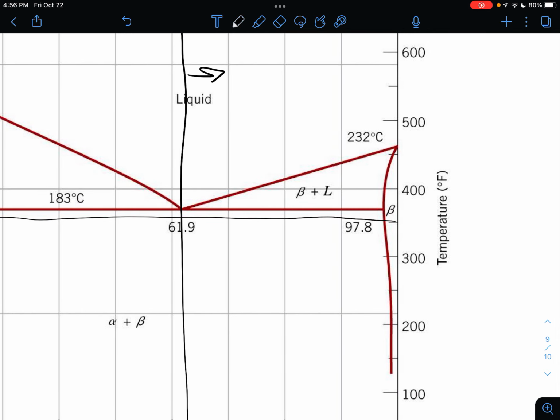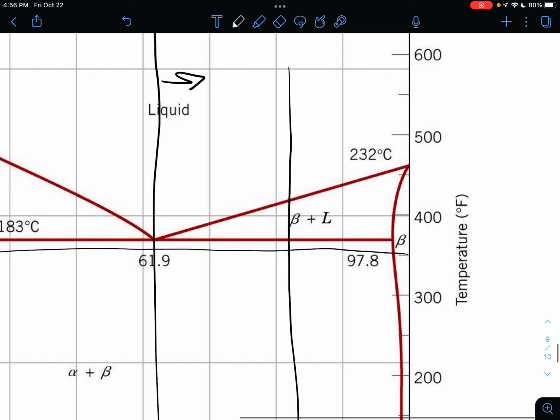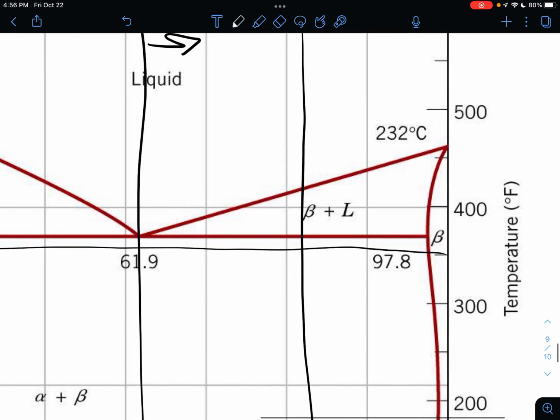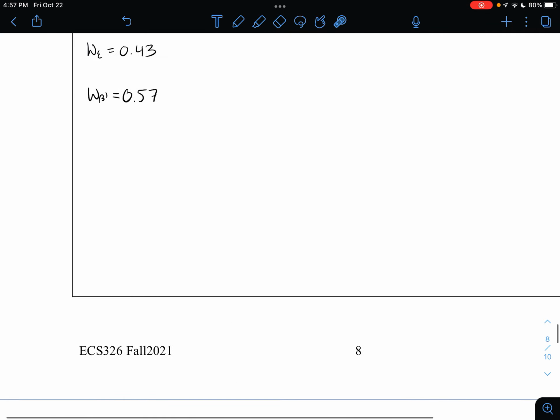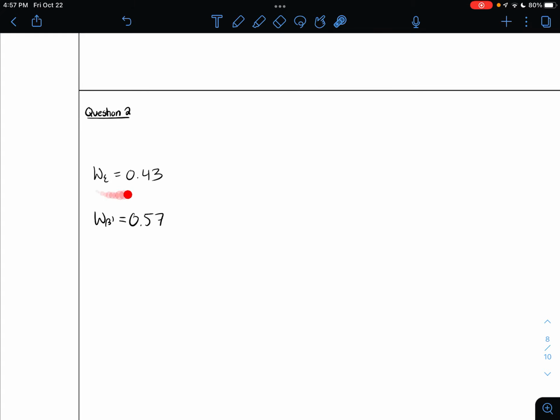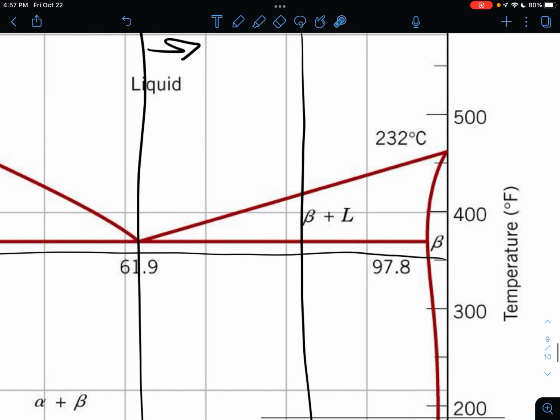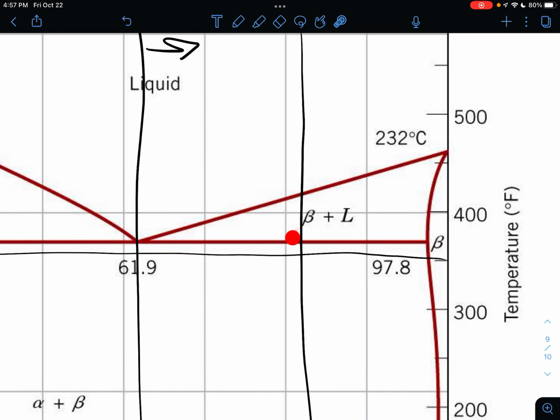Right, so somewhere in here, just drop a line wherever. That's going to have that composition of our primary beta and our liquid, because our liquid is what's going to go through that eutectic reaction. So whatever our liquid is, that's what's going to become this weight percent here. Since we're close, we can just look in this region.